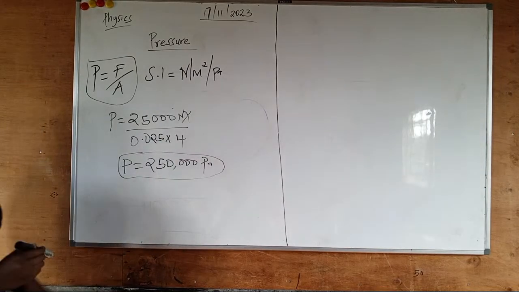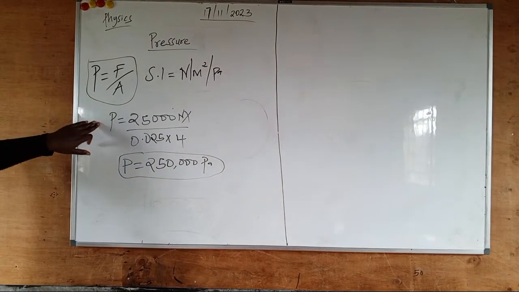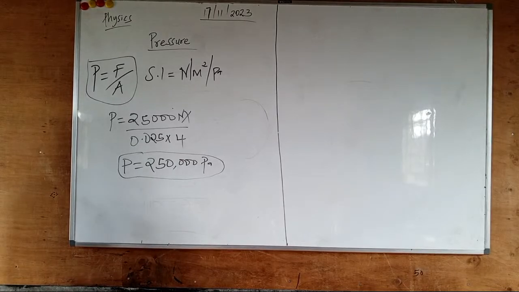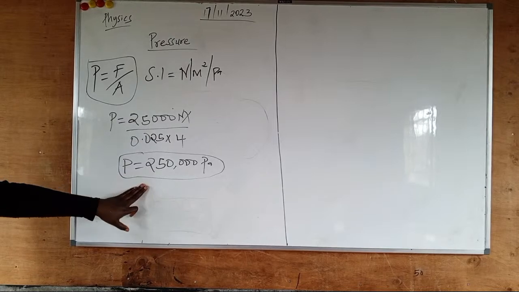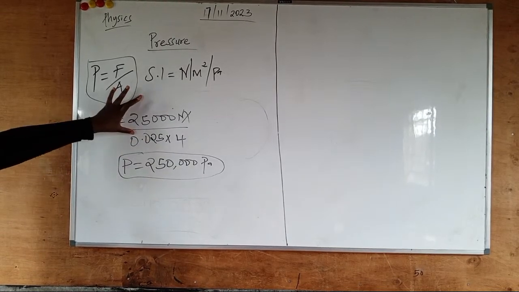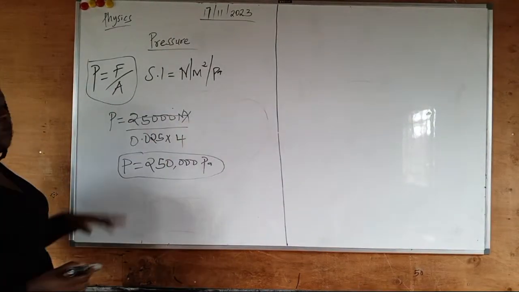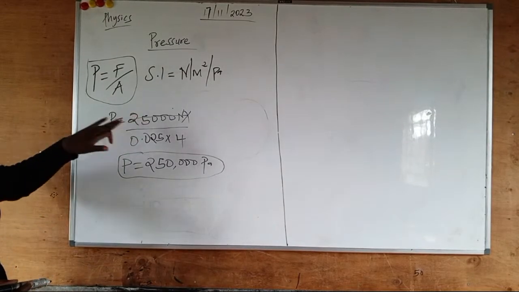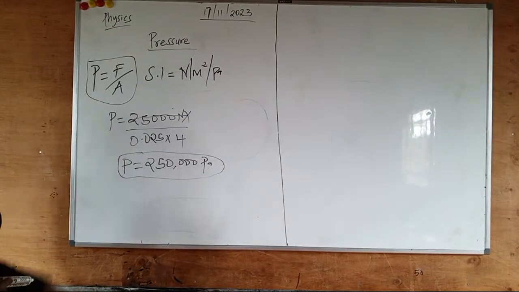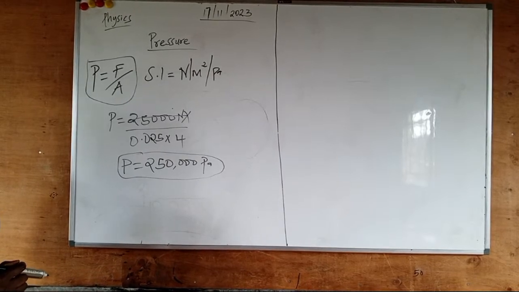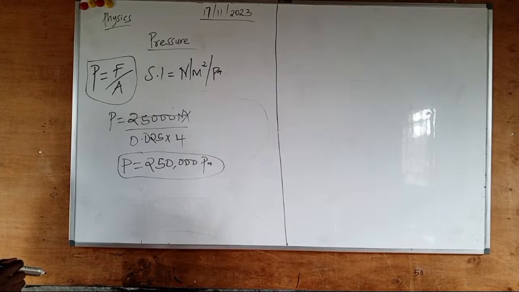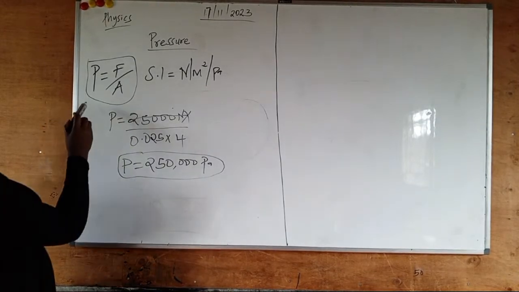How do we find force if we have pressure and area? What if we are given the pressure, which is this, and we are not given this force? How do we find this force if we have pressure and area? The formula will still be the same.